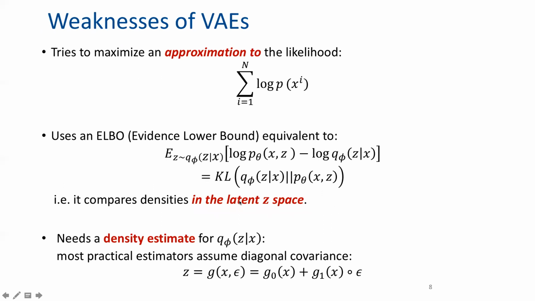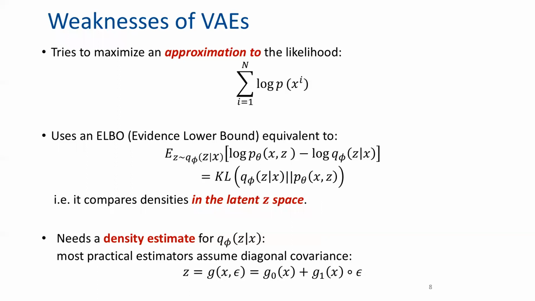Okay, so several issues with the variational autoencoder. First of all, it's trying to maximize the likelihood of the data. That's typically what a good model will do. That's saying that the distribution that it generates is close to the real data distribution. But it can't do that directly.